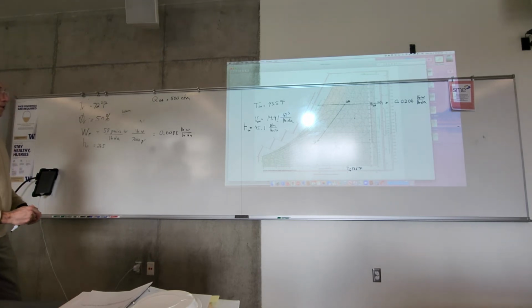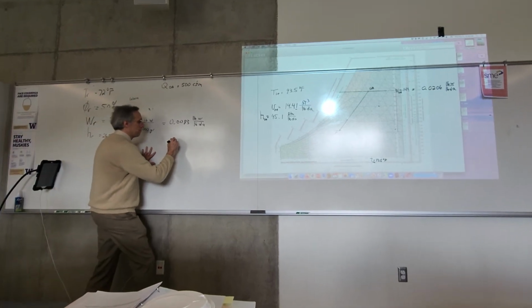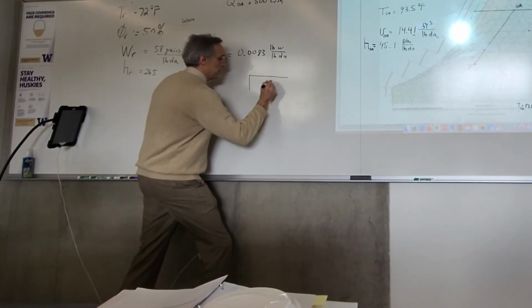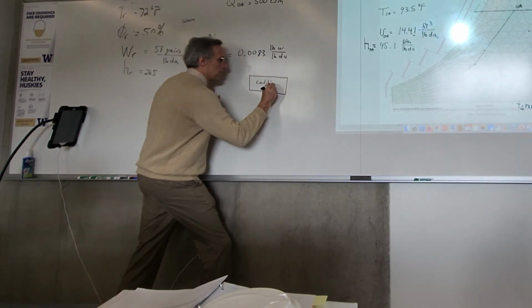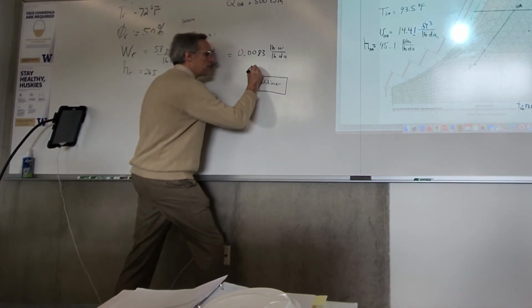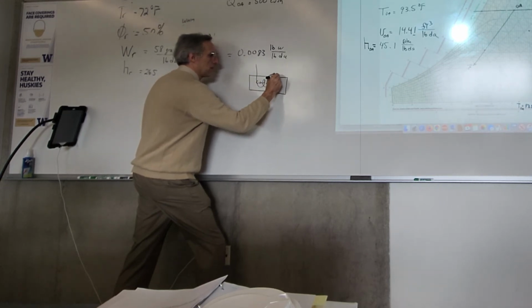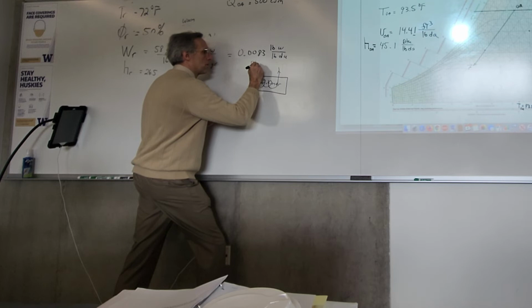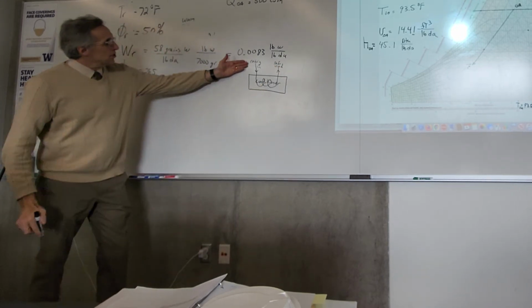Should have given myself more space, spaced this out better. Okay, so this is what we have. We've got an air conditioning unit, and this unit has a refrigeration coil. This is the source of cooling.